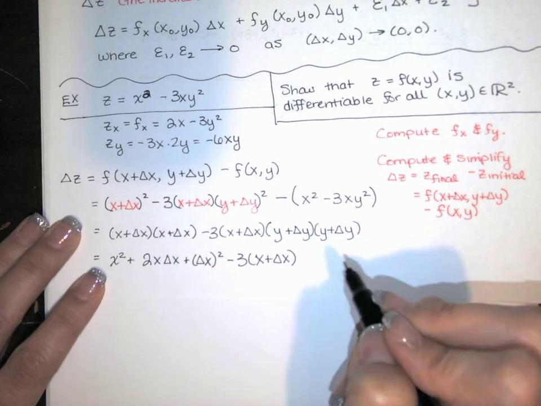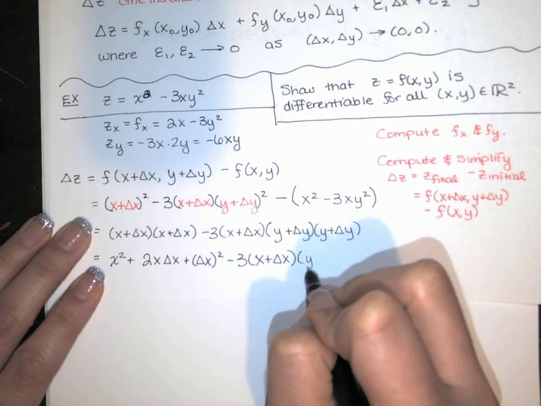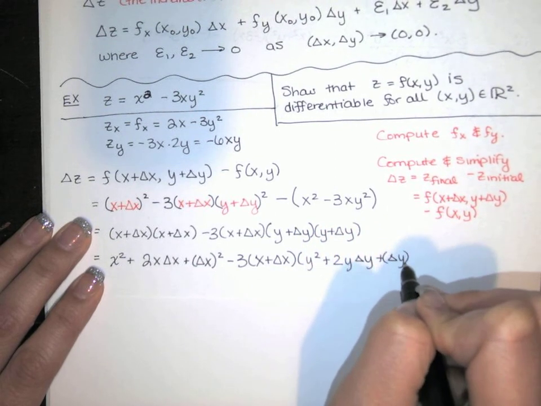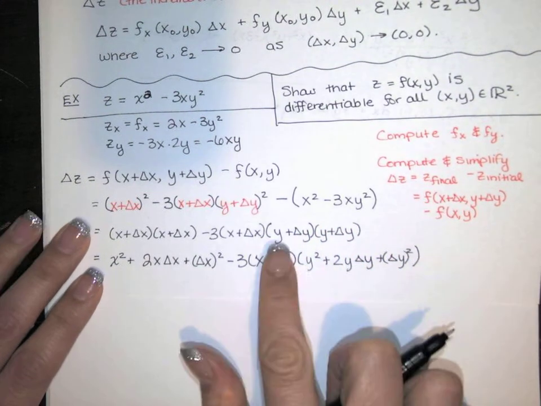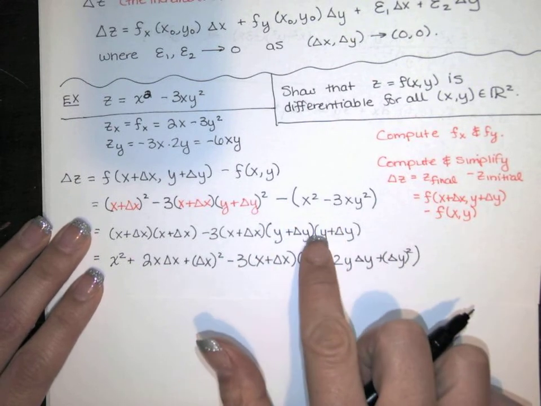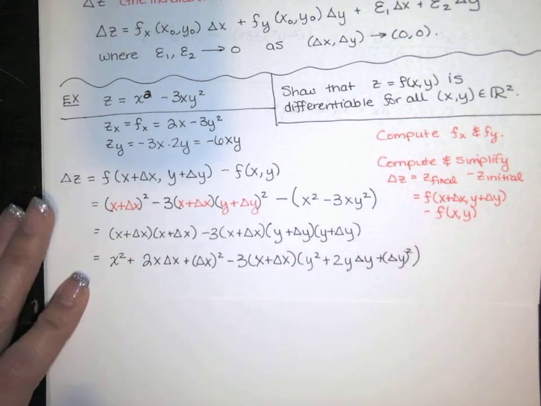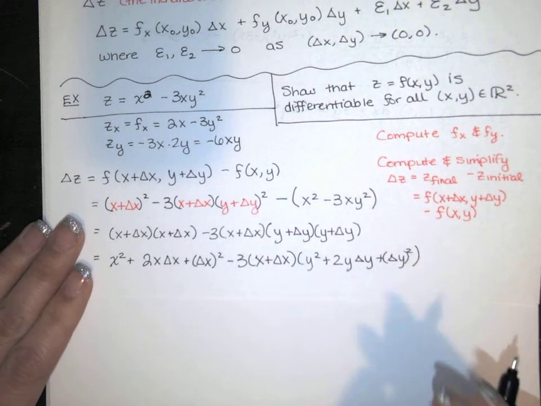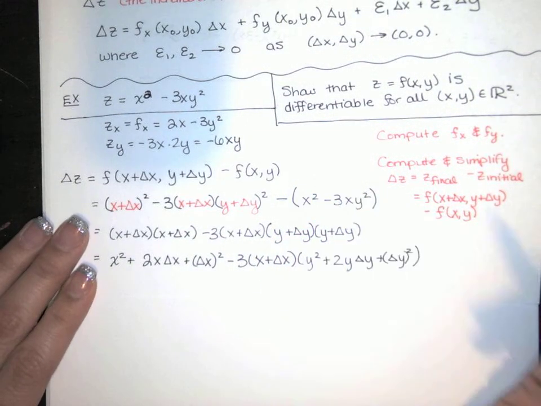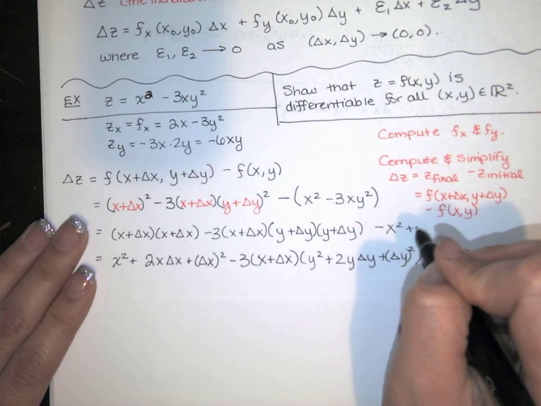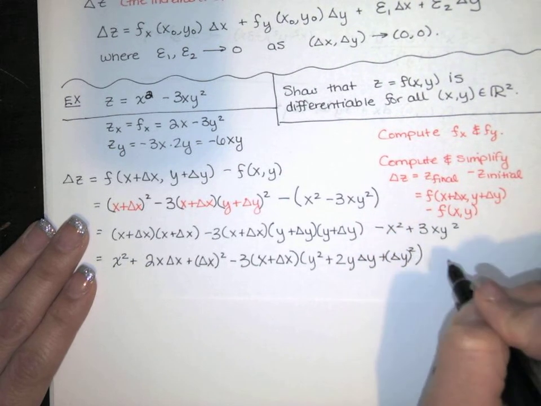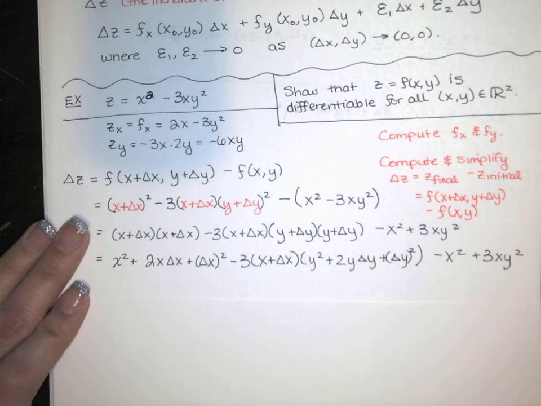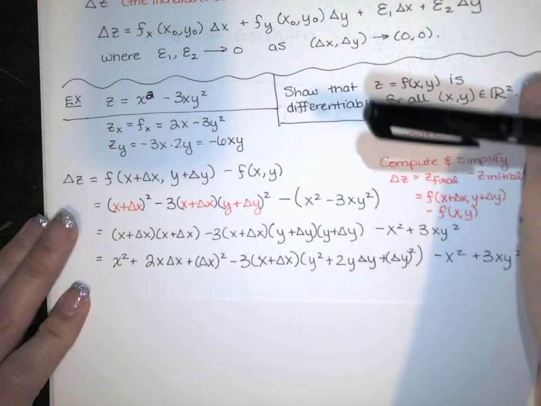If I FOIL that, I get y squared plus 2y delta y plus delta y squared. Just first times first, outer times outer, inner times inner is the same, and last times last is that. And you're like, whoa, my goodness. No big deal, guys. It's just algebra. It's just a bunch of distribution. Distribute the negative 1. Okay, and keep going.